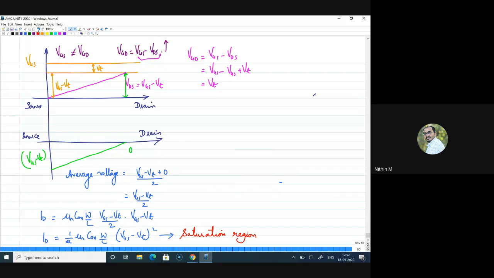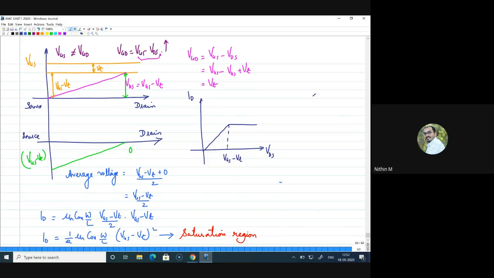Right. So with one more additional point, I'll be just winding up, and I can take questions now. So this is your VDS, this is ID. Initially it was increasing, and after one point it is actually reducing to 0.